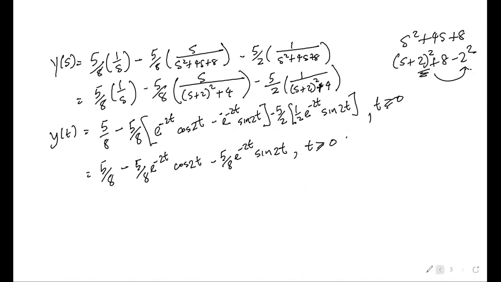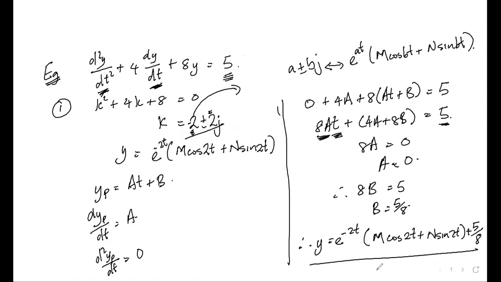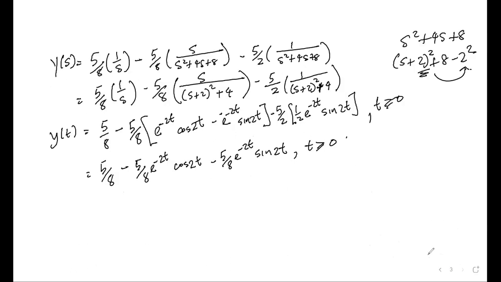If you notice something here now, this solution is specific, whereas the original one gives us 5/8 and it gives us m and n. The reason why this Laplace one gives us such a specific answer is, assume the initial condition.